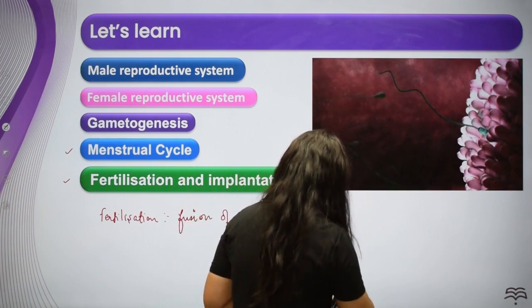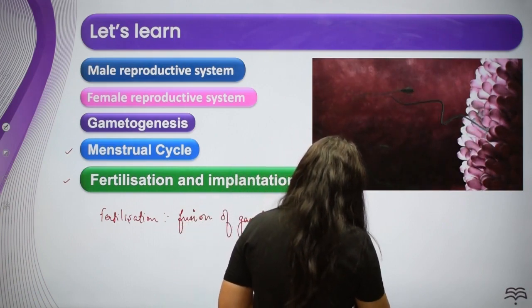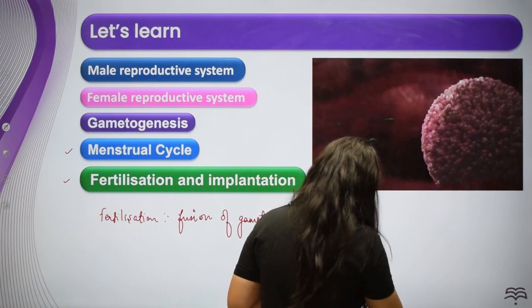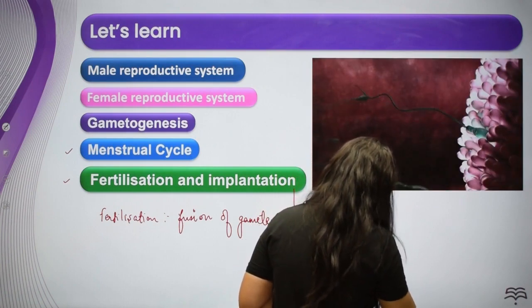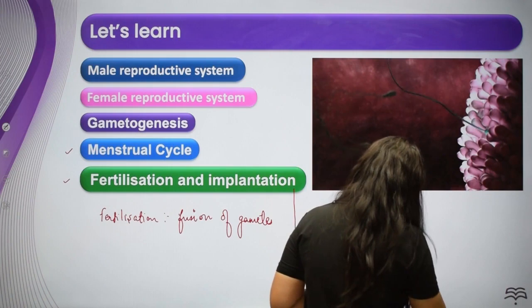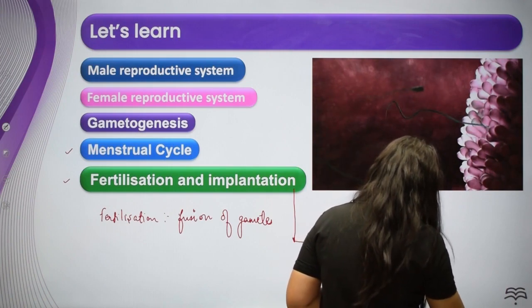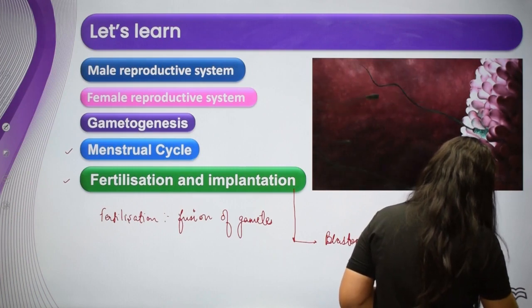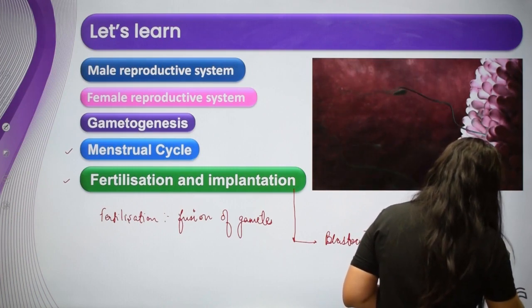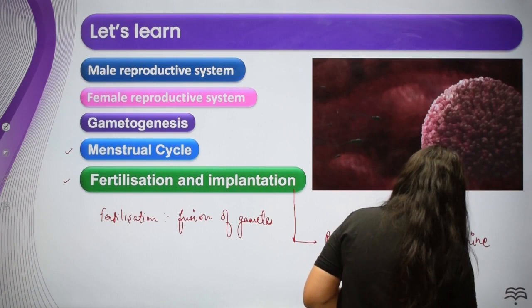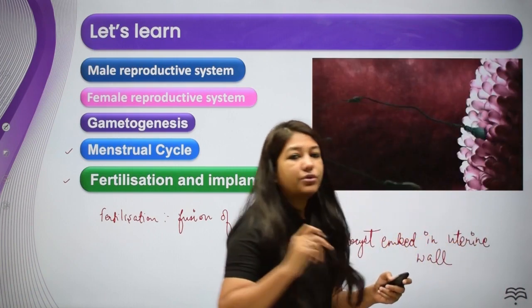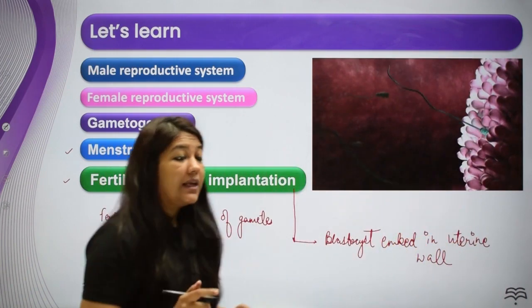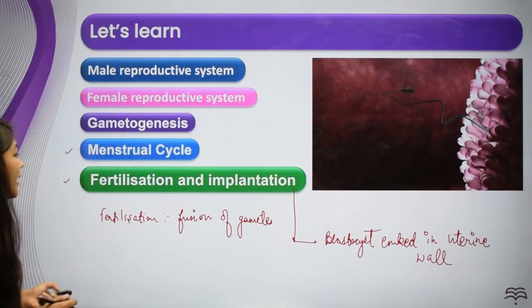What is implantation? Blastocyst embed in uterine wall. Okay, the blastocyst is going to embed itself in the wall of the uterus, and that is called implantation.